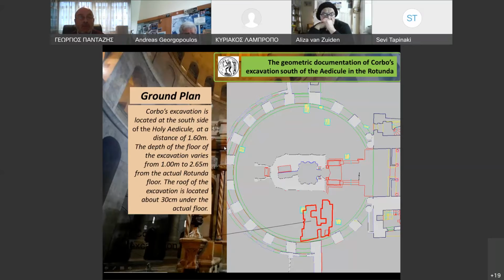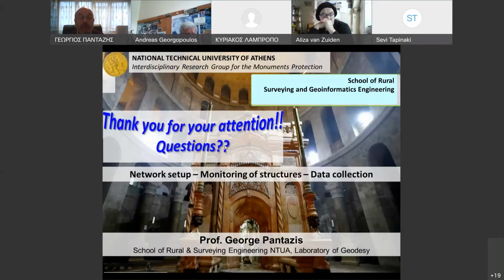These are some of the geodetic methods that were carried out in the Holy Edicula in order to document the real situation of the Holy Edicula by using, of course, instrumentation and appropriate geodetic methods.